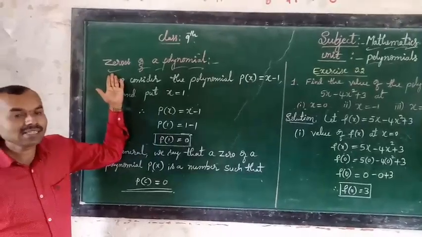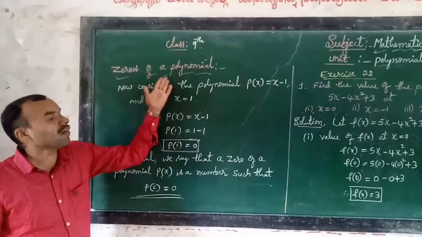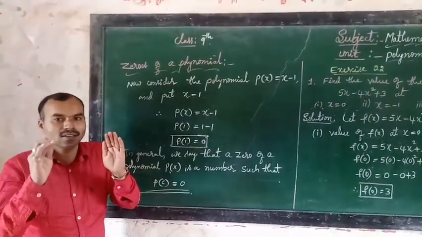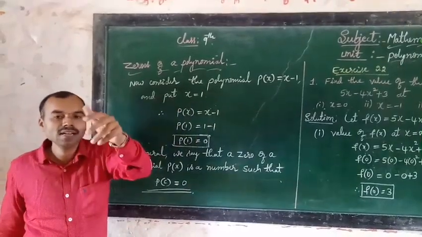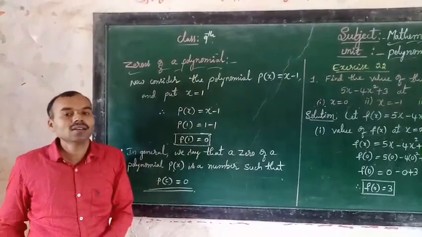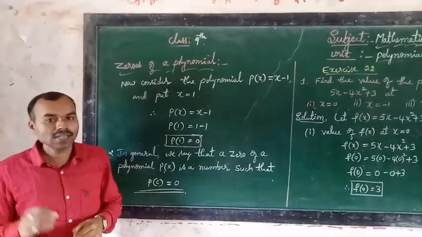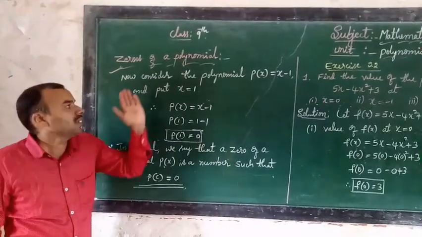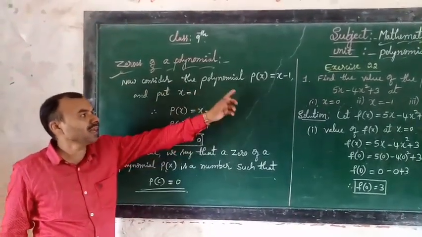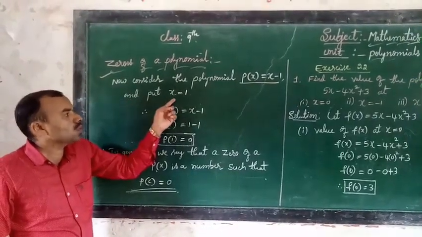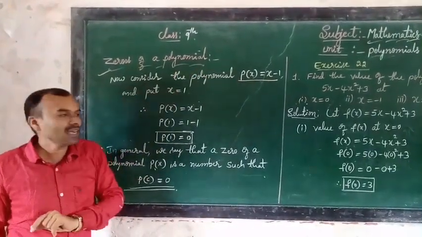Now let us learn zeros of a polynomial. Yesterday, in the previous class, we already learned what zeros of a polynomial are. All the definitions we have learned. Now we take zeros of a polynomial. Now consider the polynomial p of x and put x equal to 1 in that polynomial.